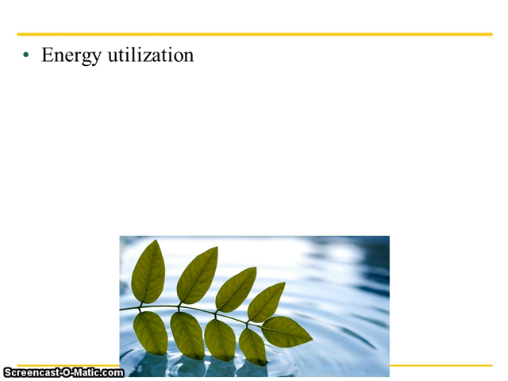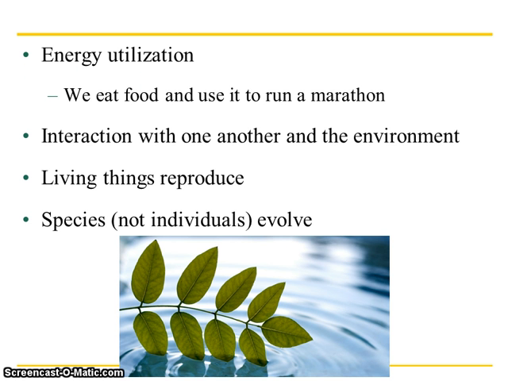More characteristics of life: energy utilization. You've got a metabolism. There are chemical reactions occurring. We eat food and use it to run a marathon. Next, we interact with one another and the environment. Organisms have to be able to respond to their environment. If they don't, they aren't able to survive. Also, they reproduce.